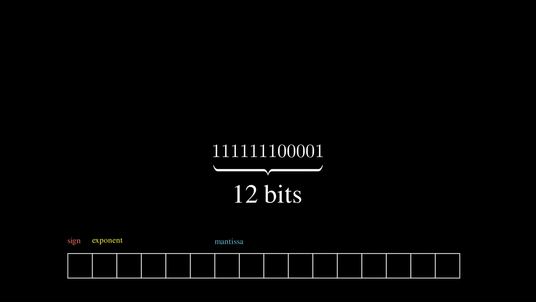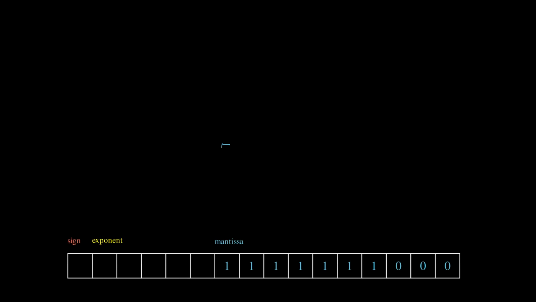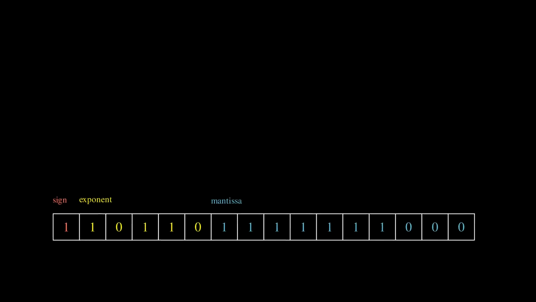Our fraction is 12 bits long, but our mantissa can only fit 10 bits. We have to cut the last 2 bits off. Our exponent is 7, plus 15 equals 22, which in binary is 10110. Remember, our number is negative, so we have to set our sign bit to 1. This results in the following float.